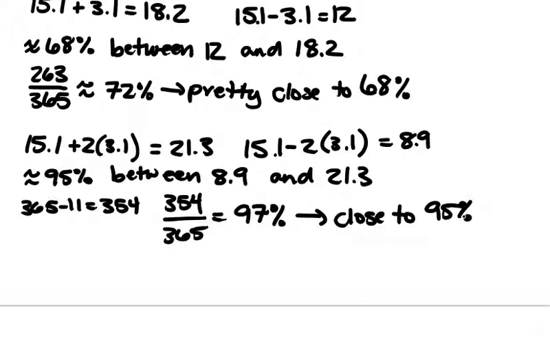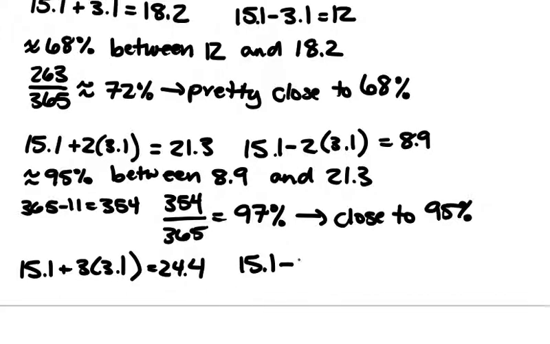Now I can try the 3 standard deviations. If I calculate 15.1 plus 3 times 3.1, that's 24.4, and 15.1 minus 3 times 3.1 is 5.8.